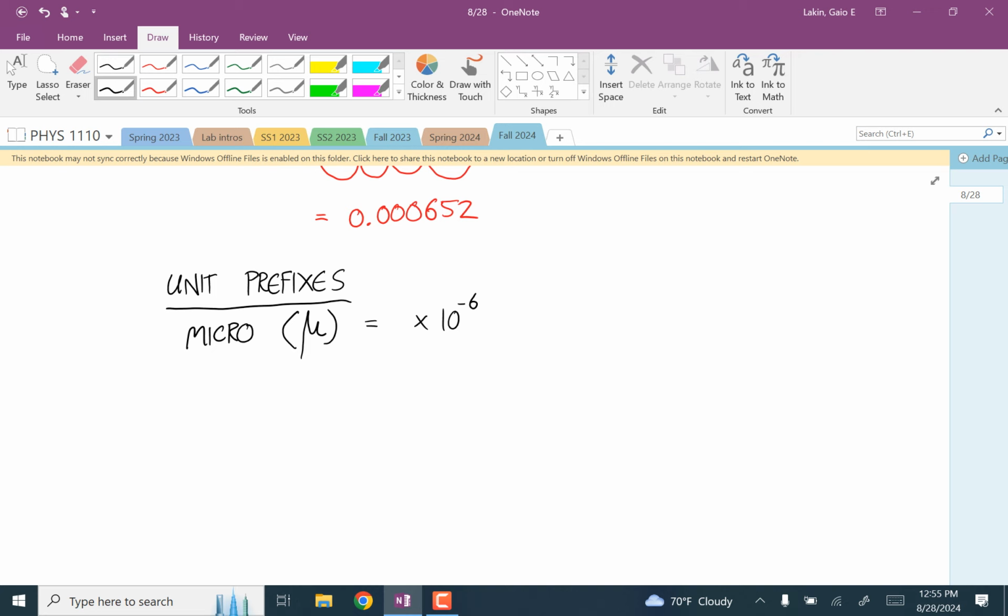What I don't want is people making the mistake of saying 5 times e to the sixth. That has a different meaning. You can write it as 5 times 10 to the 6 or as 5 capital E 6. Either is fine with me.